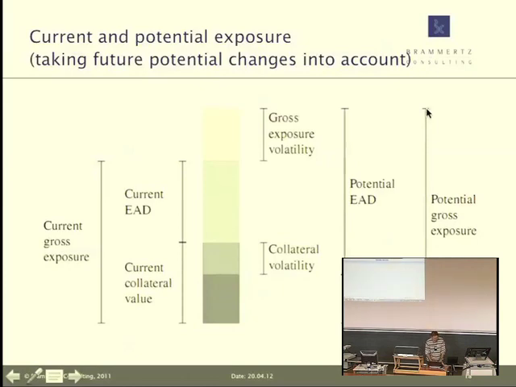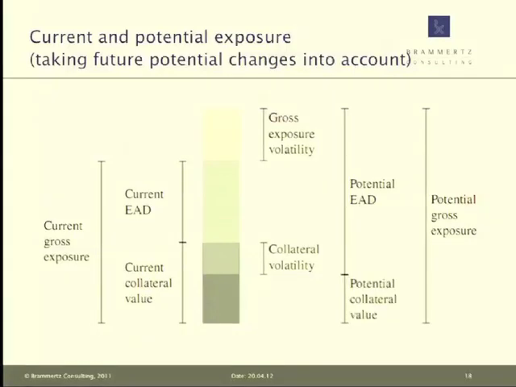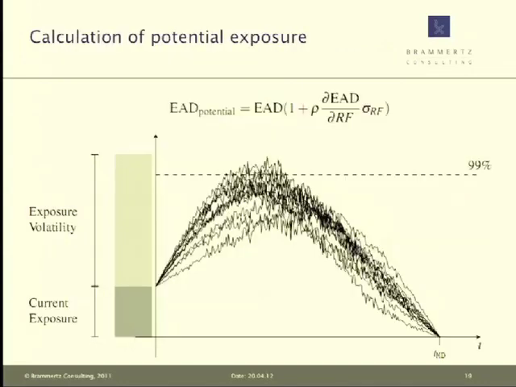How do we do it? We said we now use simulation technique. So what is going to change the collateral value? Mainly market conditions, and of course it could also be counterparty conditions like ratings, etc. So if you go into the future, that could be a potential scenario.